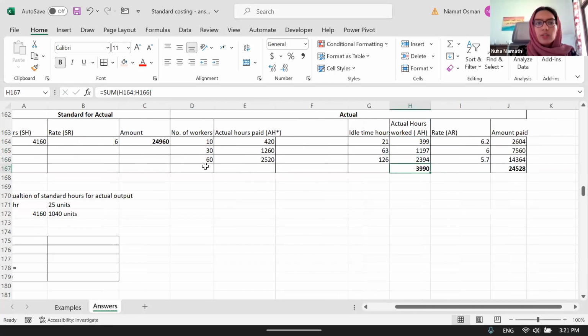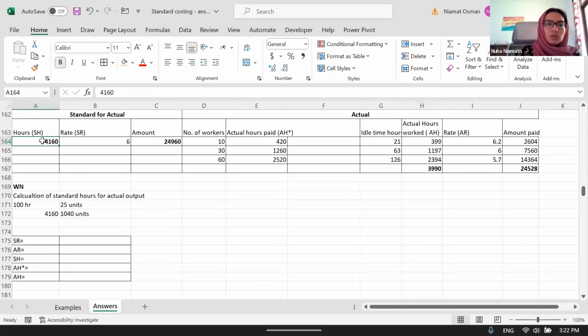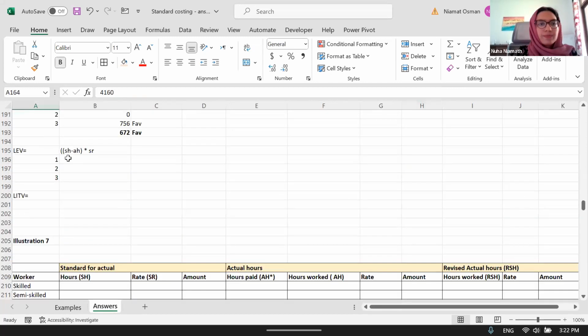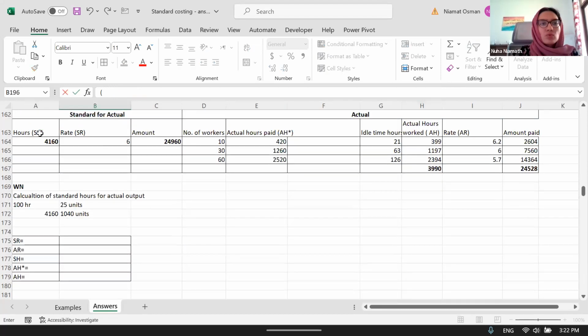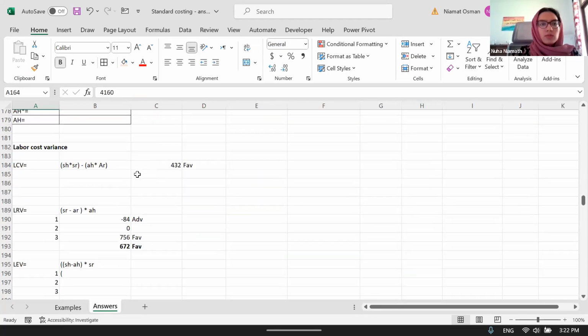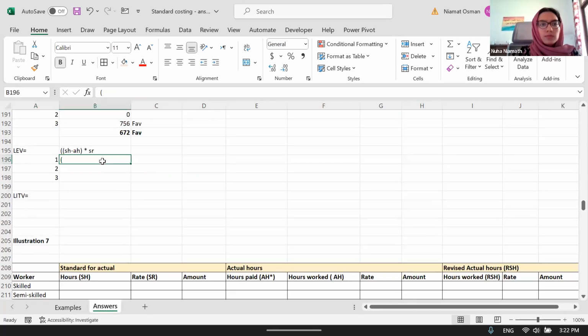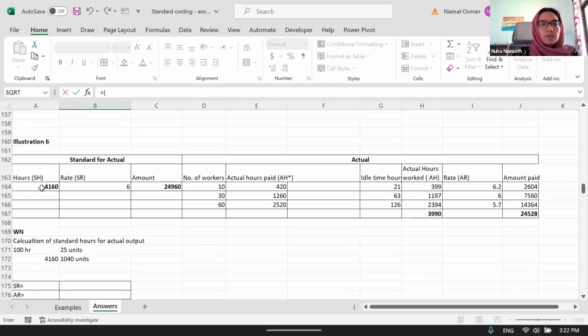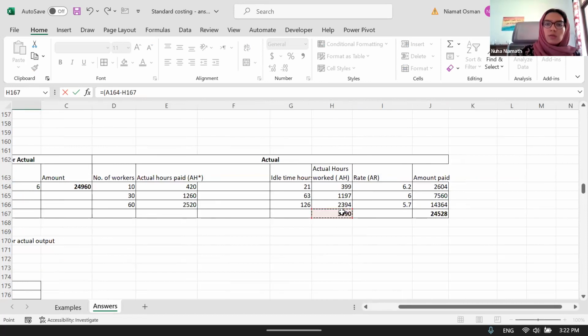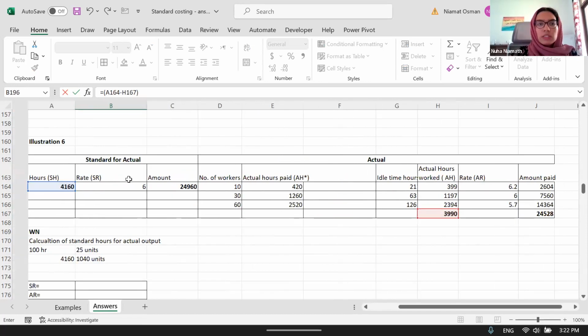Okay, so we can take the total and match it. That will be total standard hours minus actual hours into standard.